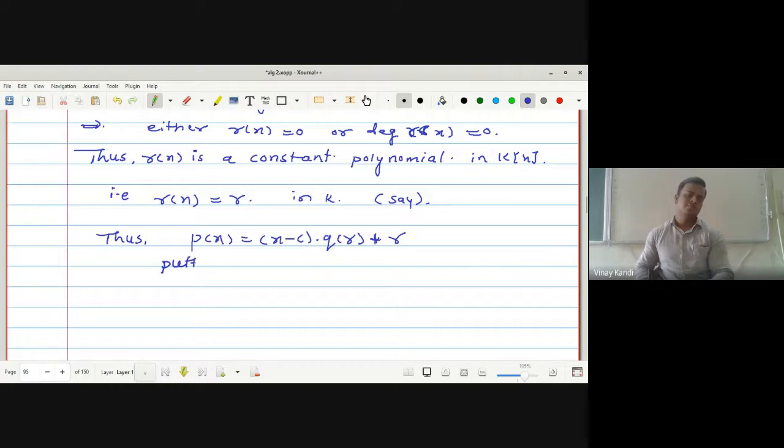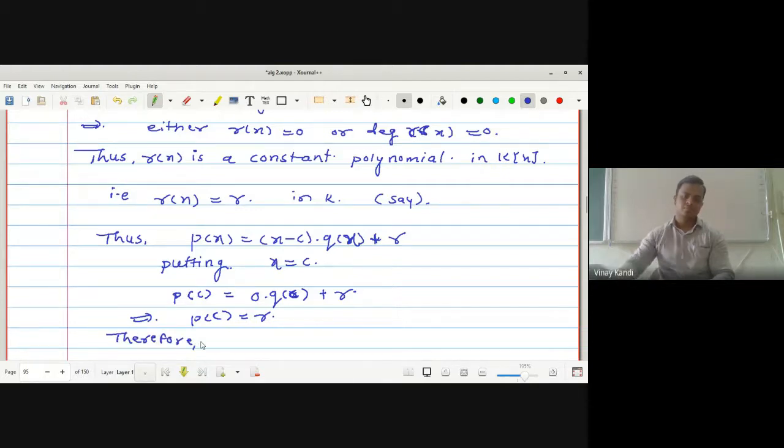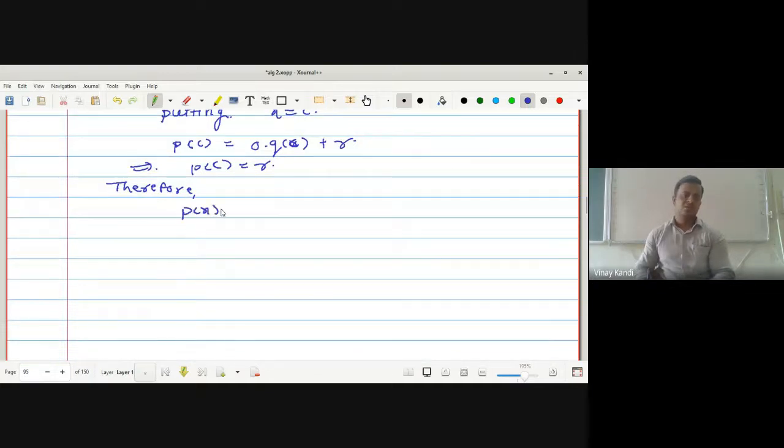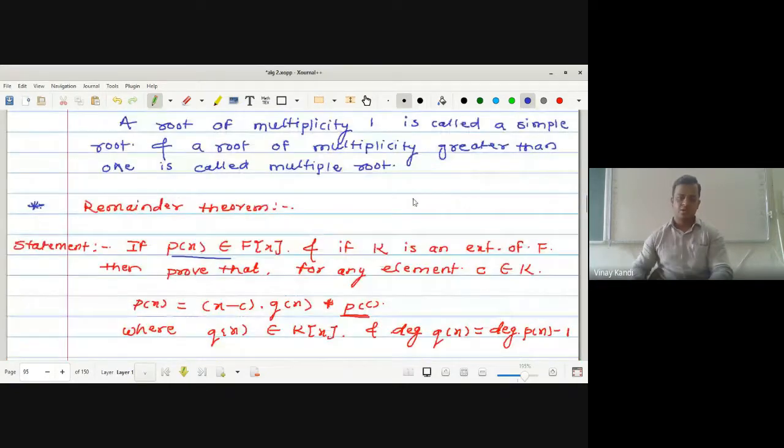So thus we have p of x is equal to x minus c into q of x plus r. So putting x is equal to c, we get p of c is equal to 0 into q of c plus r. So this implies p of c is equal to r. Therefore p of x is equal to x minus c into q of x plus p of c.